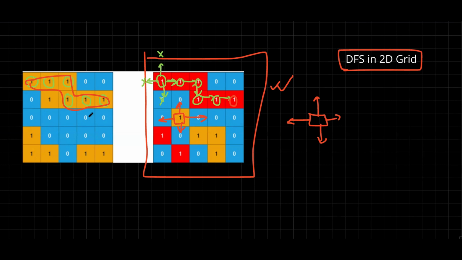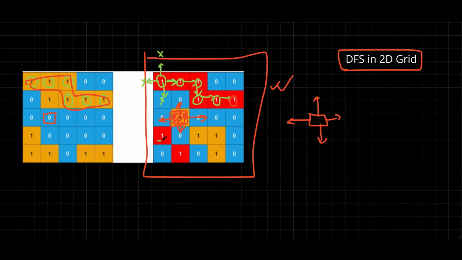But unfortunately, this value 0 represents water. So here we cannot consider this node as one of the sub-islands because it is land, but unfortunately its corresponding value in the first matrix is water.